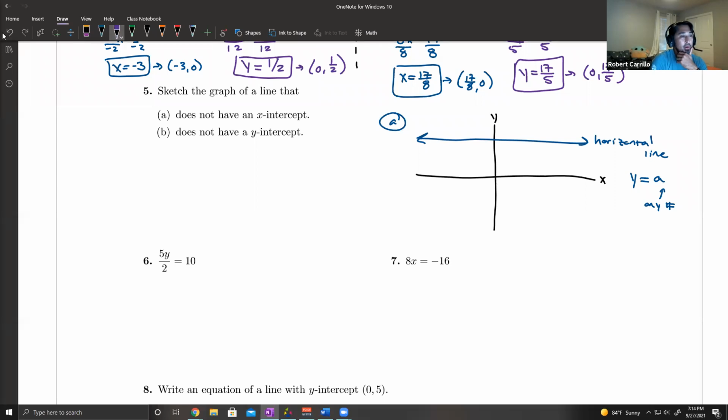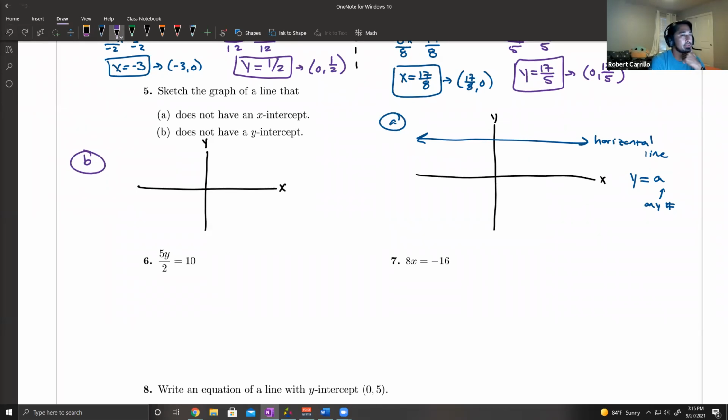Well, that takes care of A. Now we want to take care of B. Let me draw this graph again. Here's the x-axis and the y-axis. Now we want to sketch a graph that does not have a y-intercept. Remember, to have a y-intercept, you must cross the y-axis. So we need a graph that does not cross the y-axis.